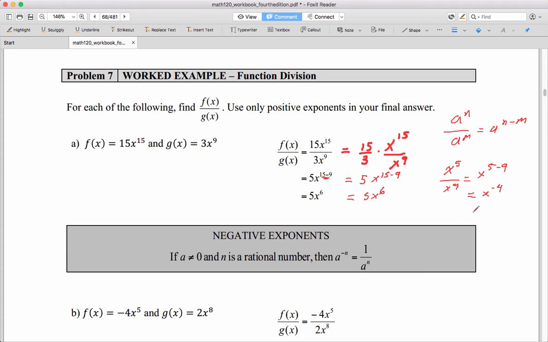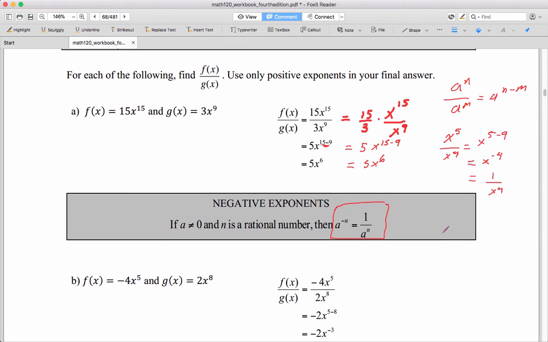Well, by definition, a negative exponent means you're to reciprocate. In other words, this is going to be 1 over x to the 4th. And that definition shows up down here. Again, that's a review from elementary algebra that you're supposed to have brought along with you.